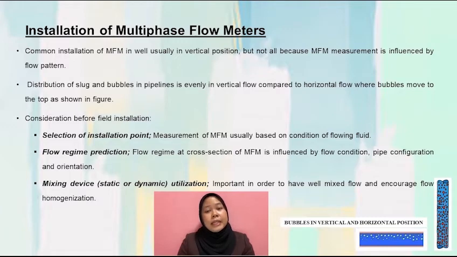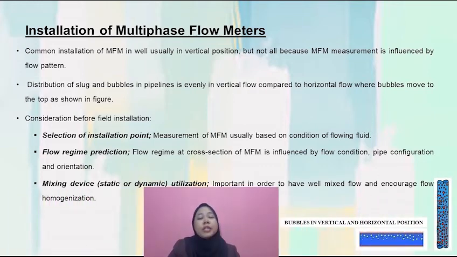Therefore, installing the meter vertically automatically reduces the possibilities. In the vertical flow, bubbles and slugs are more evenly distributed across the pipe, unlike the horizontal flow where slugs and bubbles, due to gravity, tend to migrate to the top of the pipe.